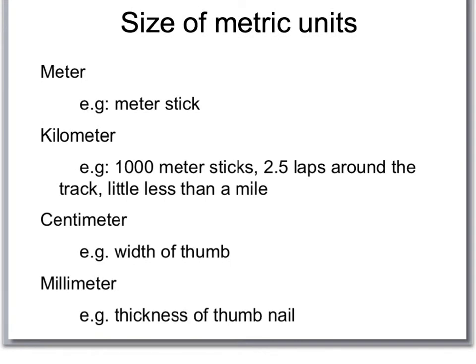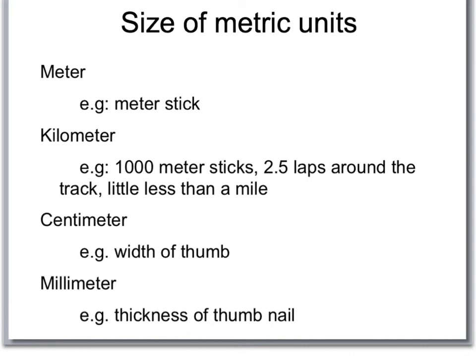Some other examples, a meter. If you've ever seen a meter stick, that's a really simple one. Most of you, the students, are 1.5 to 2 meters tall. If you're 6 feet, you're about 2 meters tall. Kilometer is 1,000 meter sticks, or about 500 to 700 students laid head to foot.